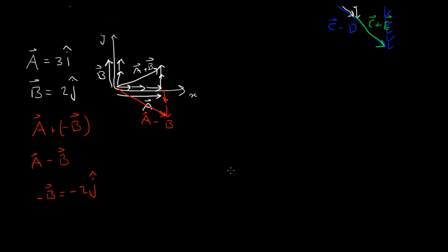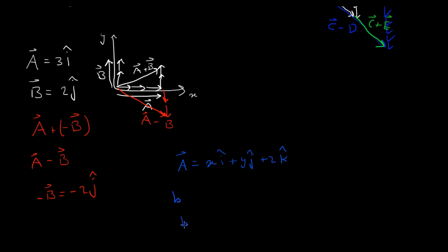So now let's finally do multiplication by scalars. So let's say I have vector A equals x i hat plus y j hat plus z k hat. And now I have a scalar B, which can be something like 2 or 3, 5, or even negative 2.